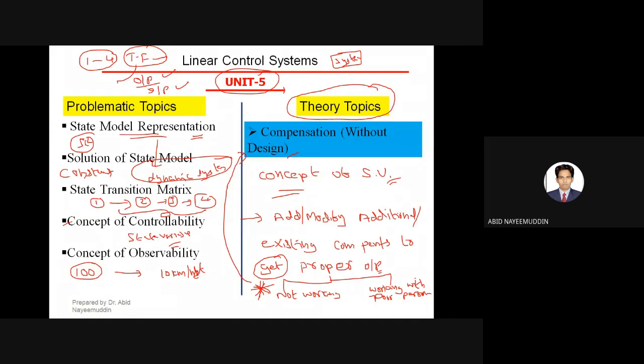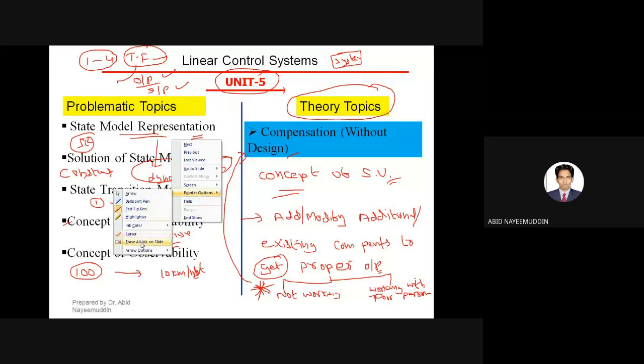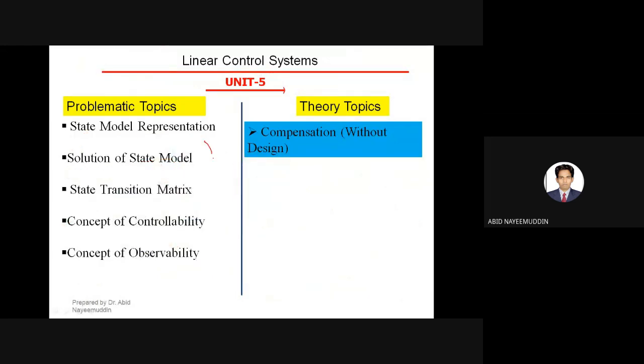What I told you: what is state model representation? State model representation means writing the equations into matrix form. It gives the information of each state variable.